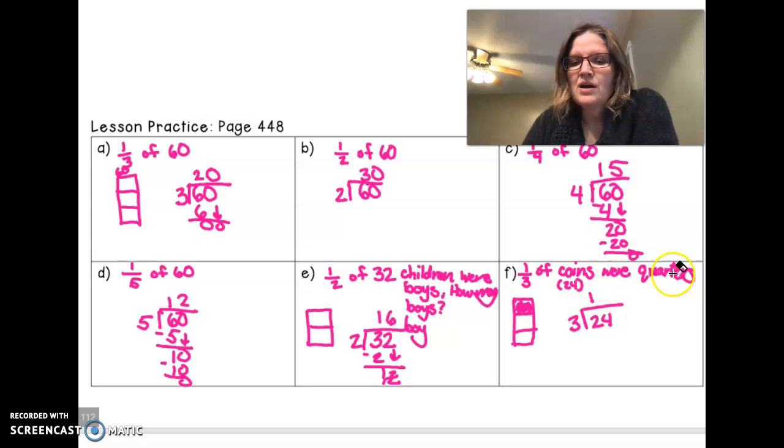Let's erase. We know our math facts. We know that 3 times 8 is 24. And so I'm going to just put my math facts right there. I'm multiplying, subtracting. So 24. So this little part is 8 were quarters.